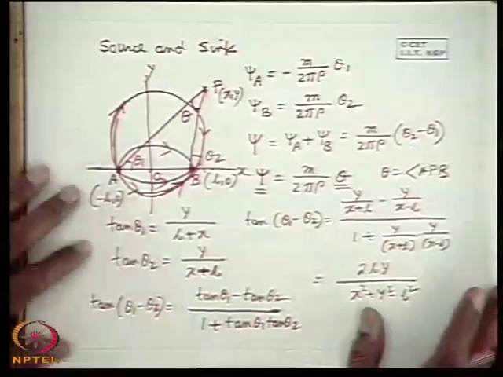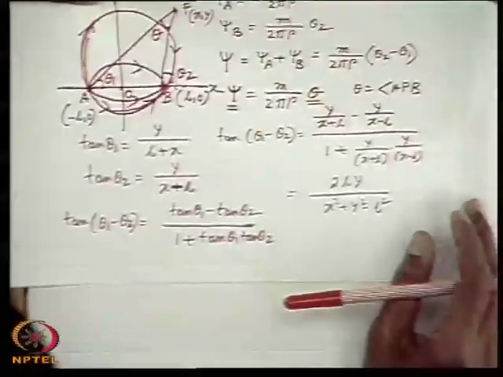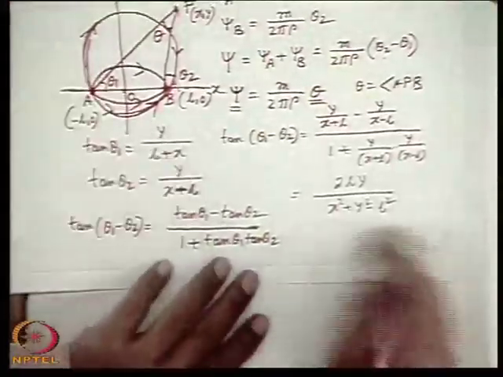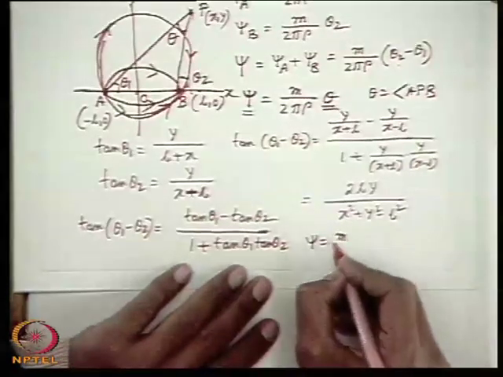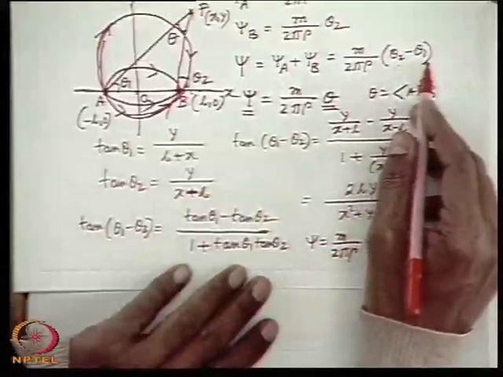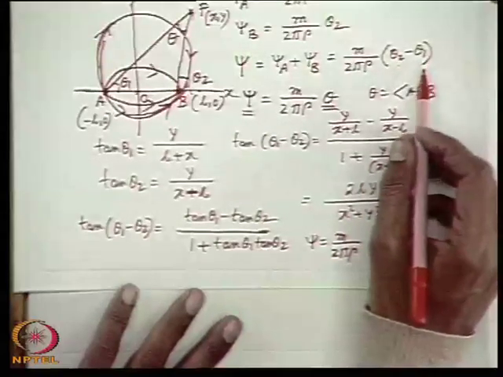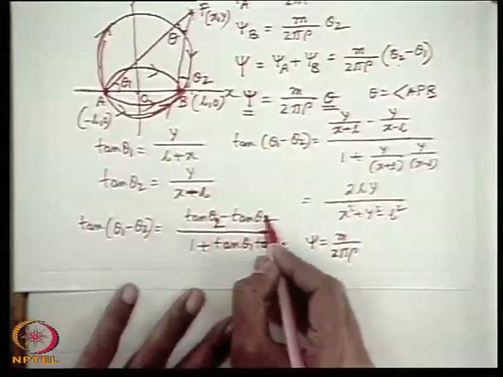So therefore we can write psi is m by 2 pi rho times theta 2 minus theta 1. Well, I am sorry, we will have to make it theta 2 minus theta 1.